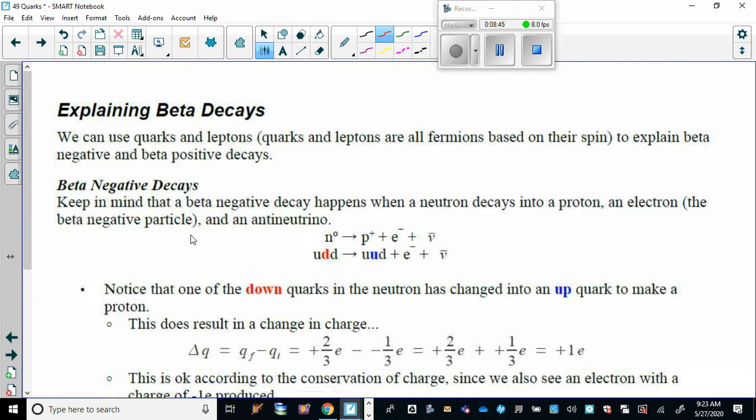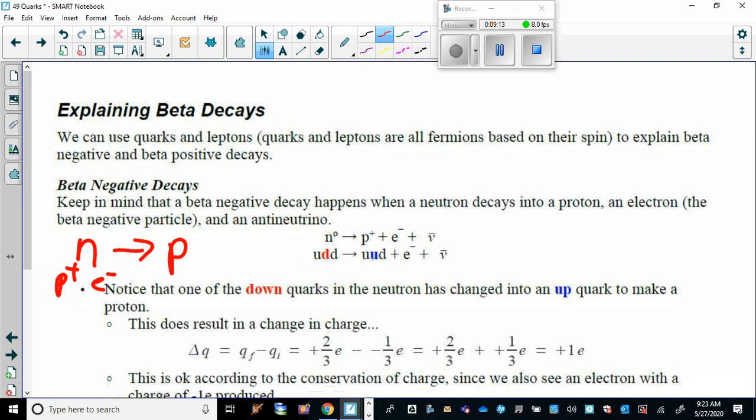And then this is, I believe, one of the last things in physics 30. Can we use quarks and leptons to explain beta negative decay? Yes, we can. So here's what's happening in beta negative decay. Remember, in beta negative decay, a neutron turns into a proton, and we said that's because the neutron is made up of a proton and an electron, right?